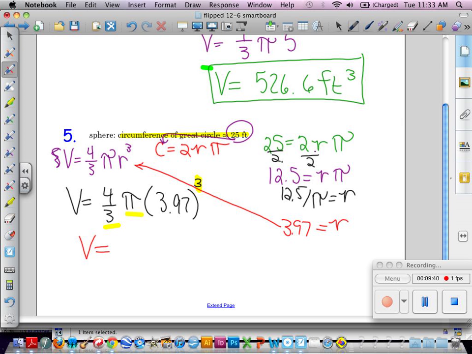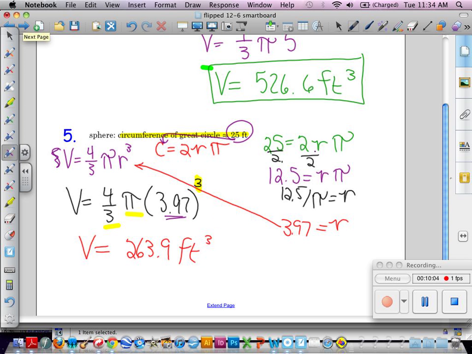You need to keep your calculators full and be as accurate as possible, people. So in this situation, my volume ends up being 263.9 feet cubed. Now earlier I did not keep my calculator full. I just used what I had written right here. You know, when you're raising something to a power, then your error gets greater and greater.